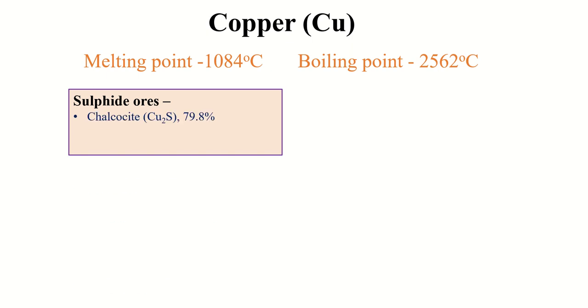Copper has some important sulfide sources like chalcocite, chemical formula Cu2S, chalcopyrite, CuFeS2, and bornite, Cu5FeS4. These are some important sulfide ores, and chalcopyrite is the most important among them.